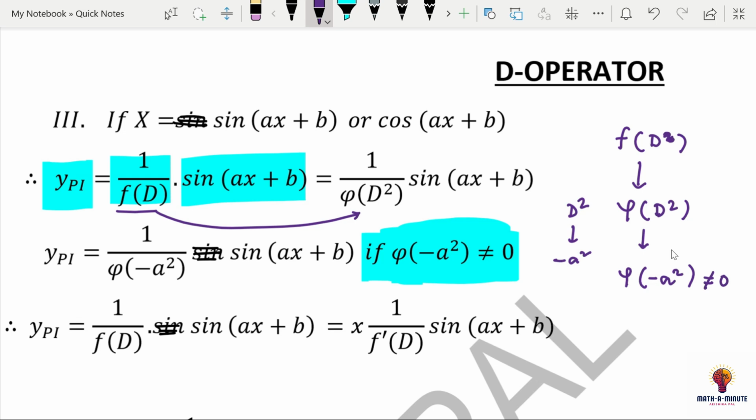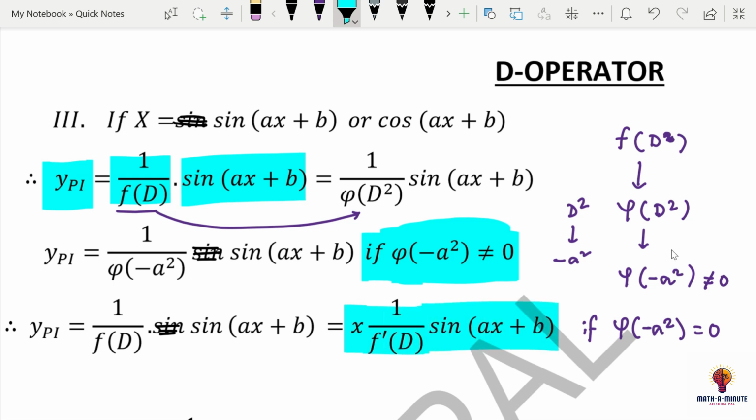And if this value phi(minus a square) is equal to 0, then it will be x into 1/f dash(D) sin(ax plus b). Now try to understand this method with a few examples.